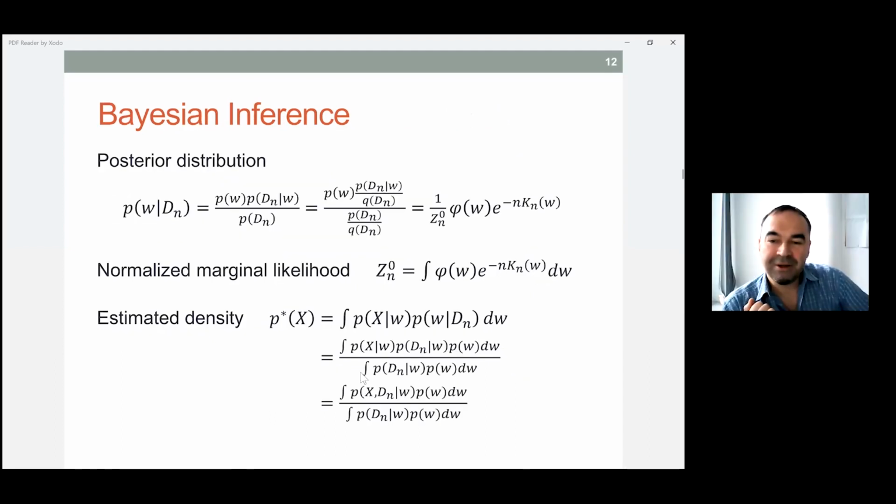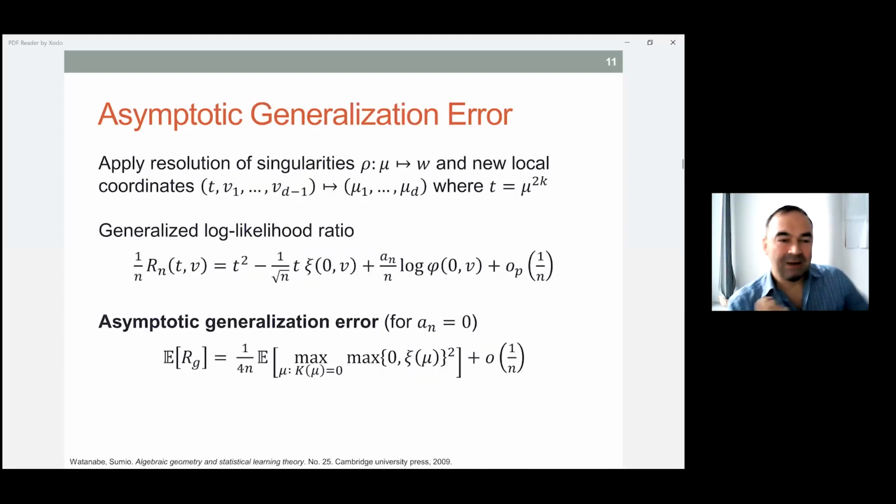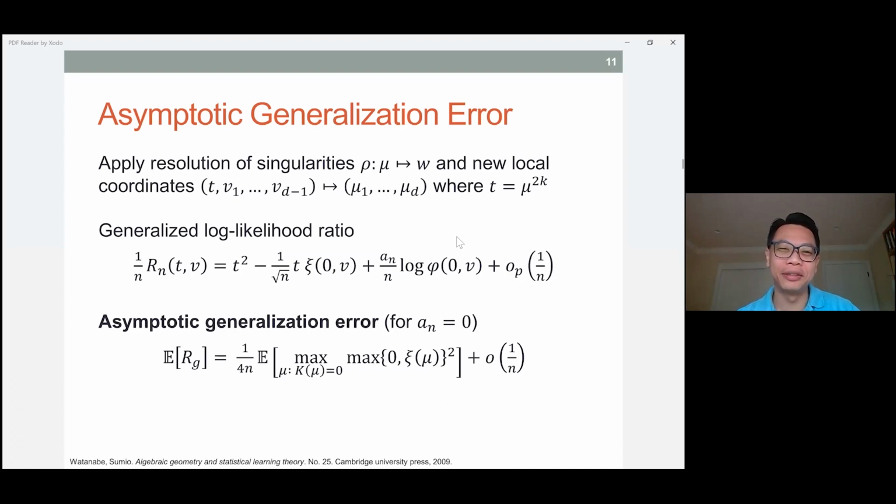May I ask a question? Yes. You're writing here, apply resolution of singularities. So in practice, you are using some software to compute it, right? What would you use? That's a good question. If you want to resolve singularities, you could use software called Singular, or Macaulay2 also has some capabilities there.